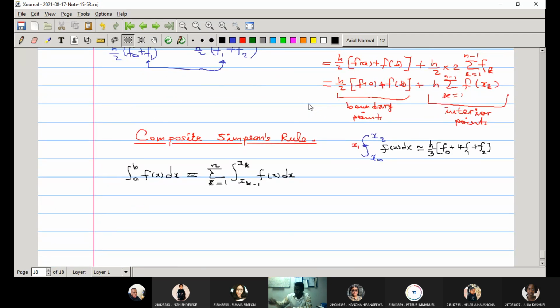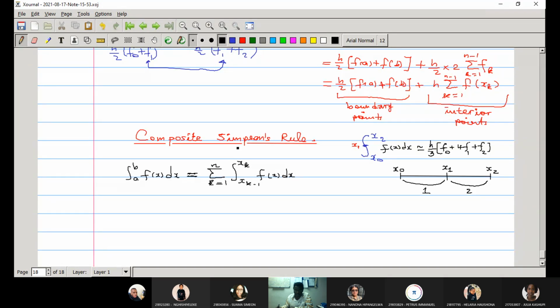Remember this. Our x0, this sub-interval, so you see that this is an even number, 1 sub-interval and then 2.